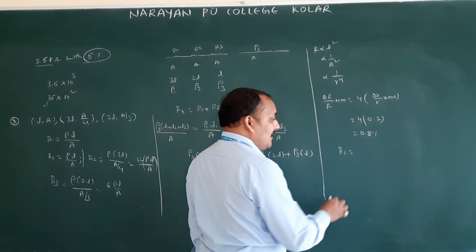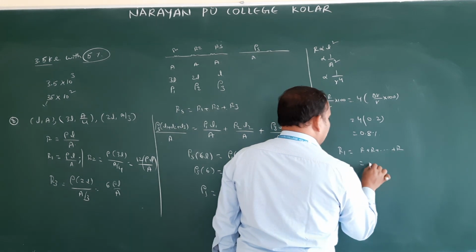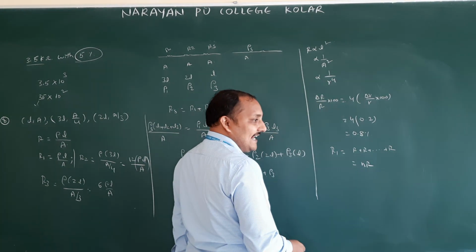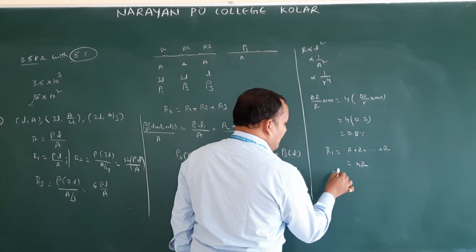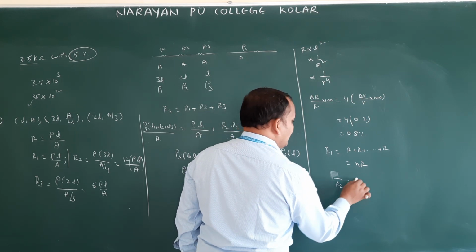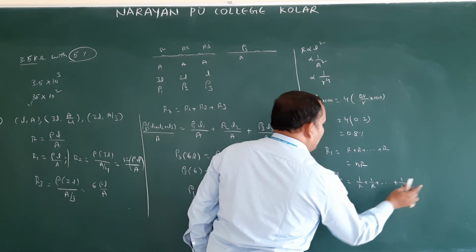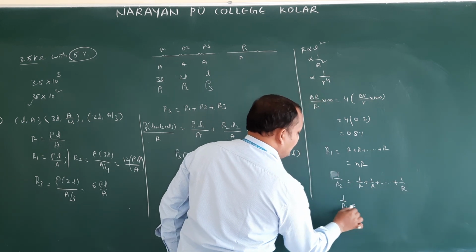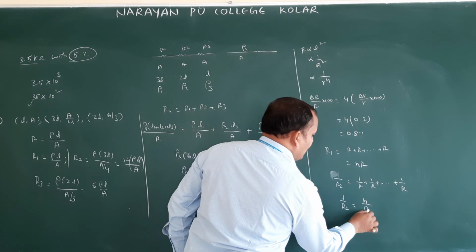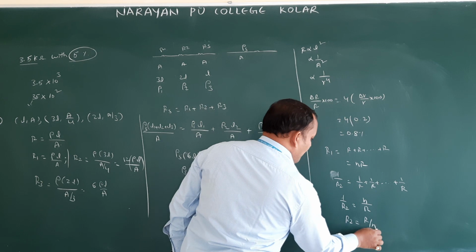R1 in series is R plus and so on R, that is nR, because n identical resistors are given. For parallel, 1 by R2 is equal to 1 by R plus and so on 1 by R. Then 1 by R2 has n terms of 1 by R, so R2 is equal to R by n.